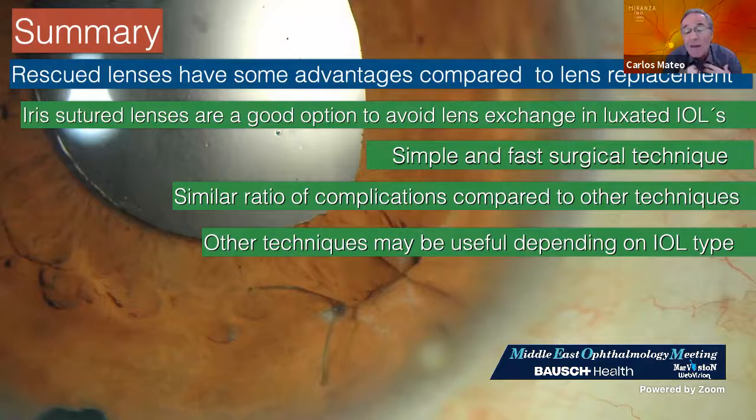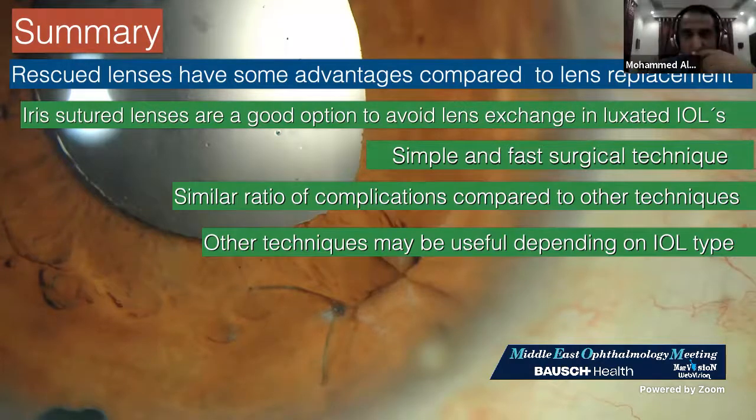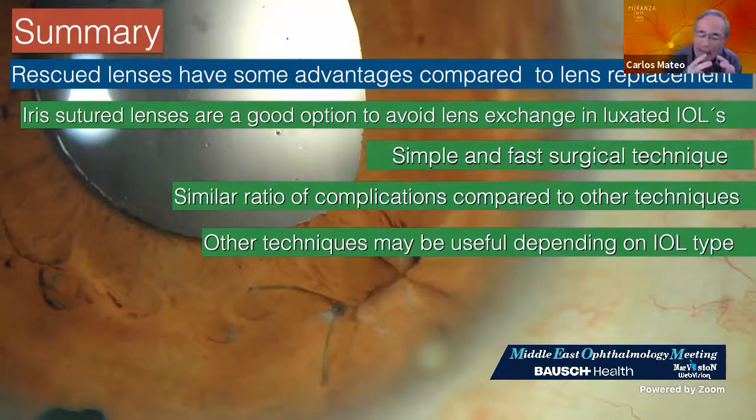Then, in summary, as a vitreoretinal surgeon, I'm not an expert in anterior segment surgery. For me, rescued lenses have some advantages compared to lens replacement in patients that have IOL dislocation. Iris suture lenses are a good option. It's a simple and fast surgical technique with a similar rate of complications to other techniques, and other techniques may be useful depending on the IOL type.